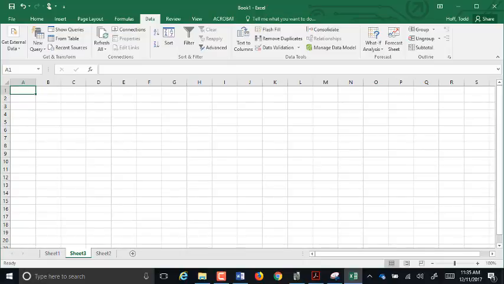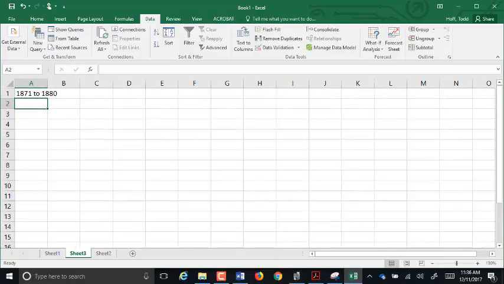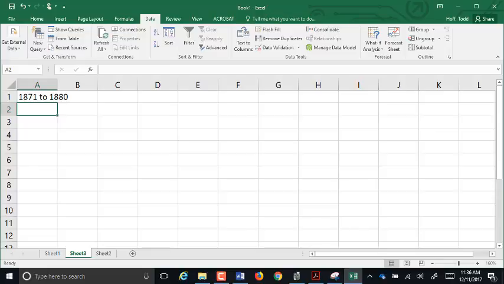I'm going to go back here to 1871 to 1880. And I'm going to actually write the numbers vertically here, and I'm not going to have them attached with their year, because, well, I'll show you here.